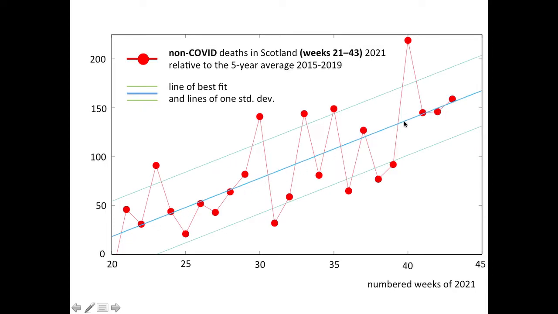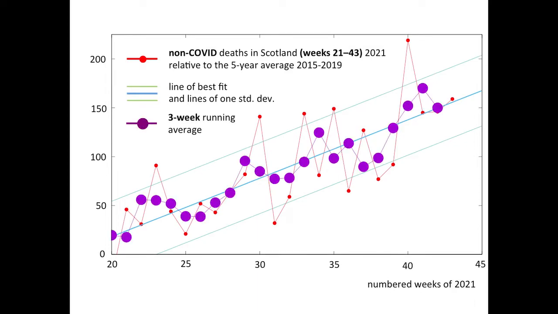And we're going to compare now. If we do 3-week running averages or 5-week running averages, we can see how much of a reduction in the variation do we get. So let me just make those points smaller so we don't get too confused looking at the graph. And I'm now going to plot on here the 3-week running average.